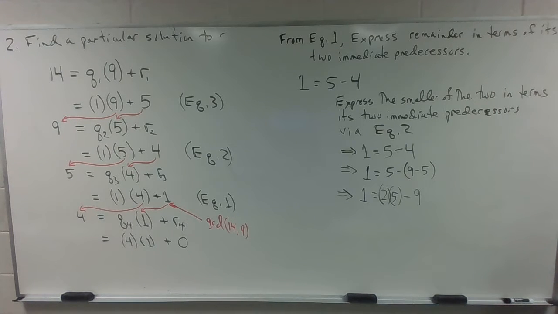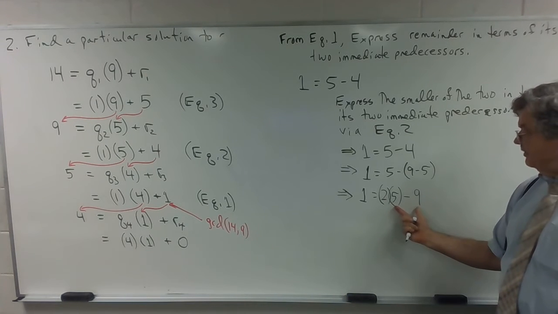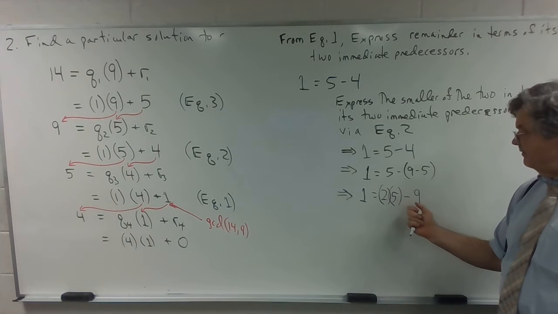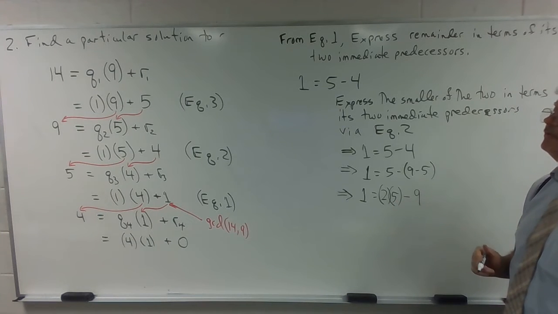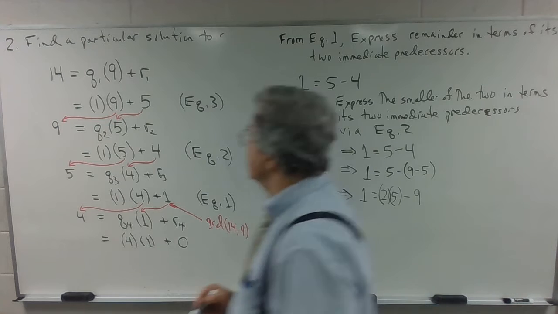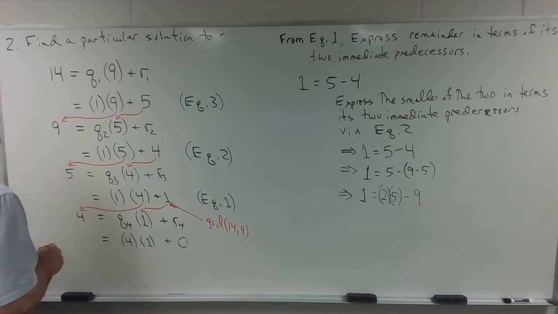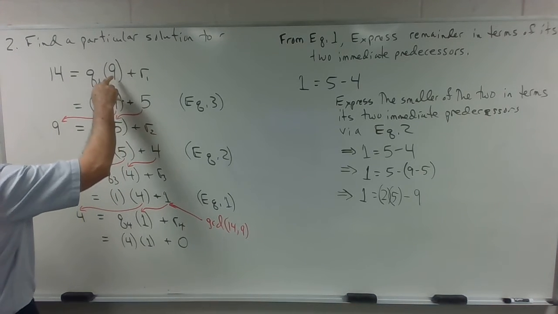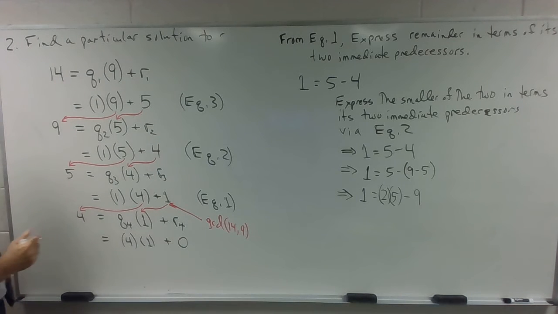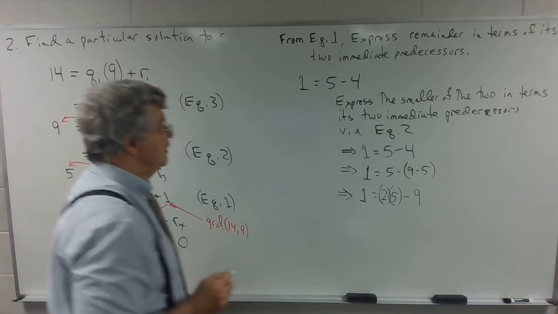Okay. And now we express the smaller of these two, 5 and 9. The smaller of these is 5. We express 5 in terms of its two immediate predecessors. We have 5 expressed in terms of 9 and 14 via equation 3.